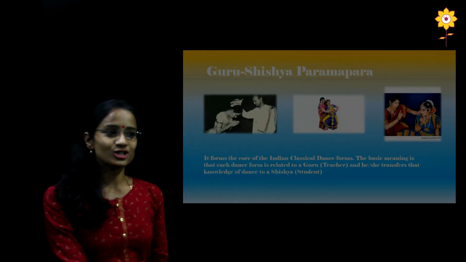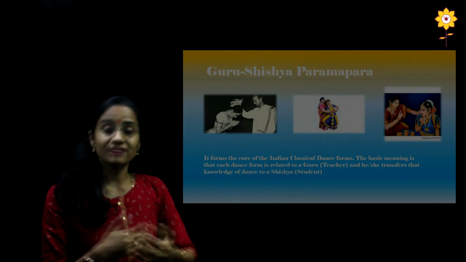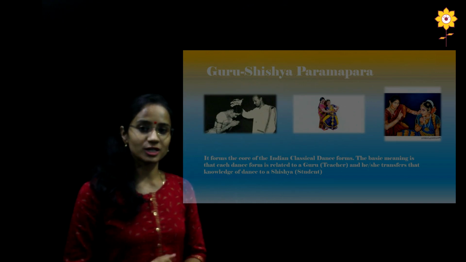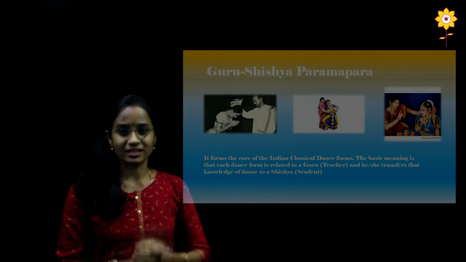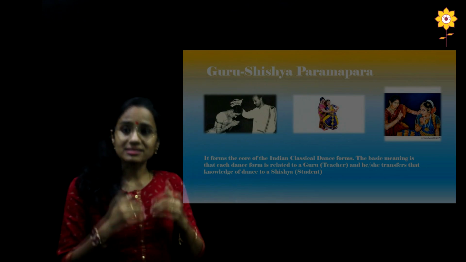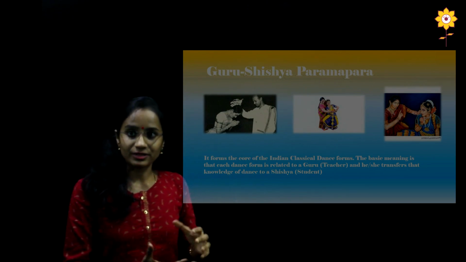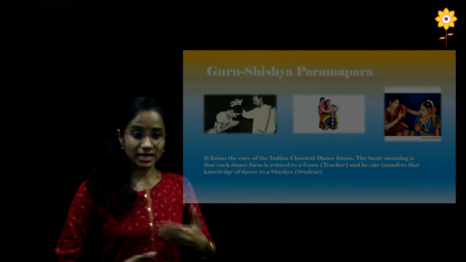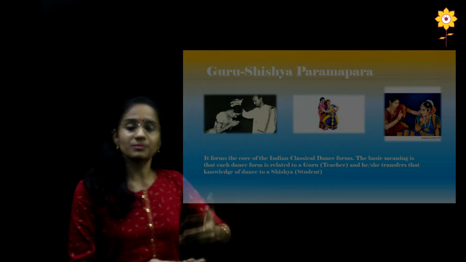Okay, then Guru Shishya Parampara. Whenever we learn a classical dance form, even in our tradition we say Guru Brahma, Guru Vishnu, Guru Devo Maheshwara, Guru Sakshat Parabrahma Tasmai Shri Guruve Namaha. So Guru is given a lot of importance here. When we learn any form of classical dance from a Guru, and once the Shishya has learned all the basic elements of it, and the Guru feels that the Shishya has learned enough to perform in front of the audience, then Arangetram is performed.